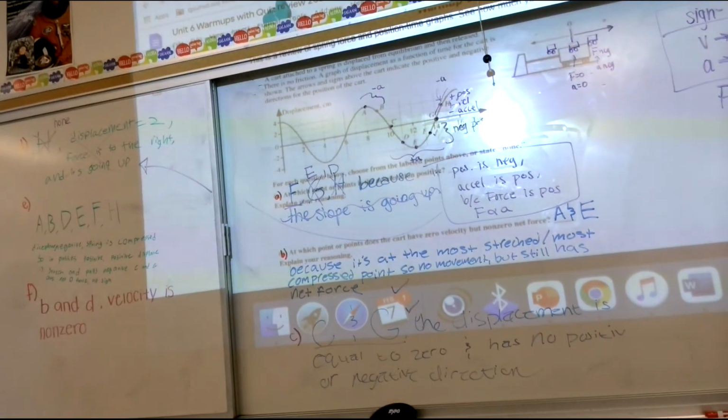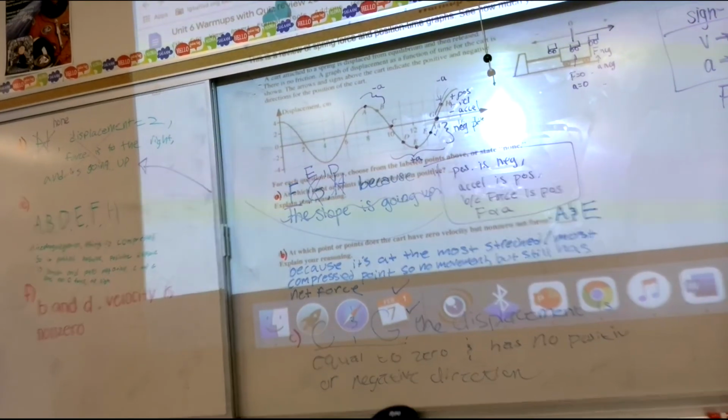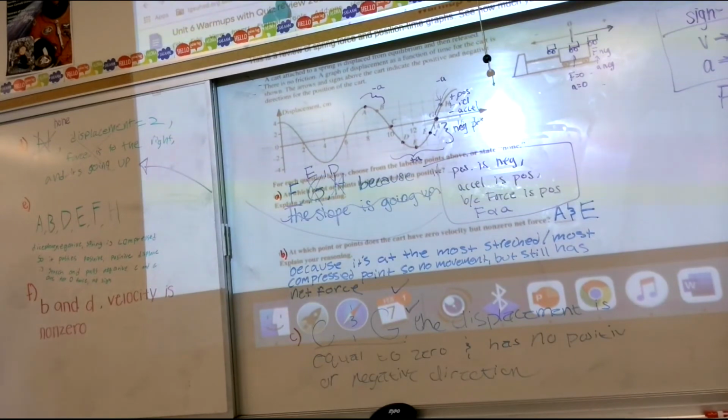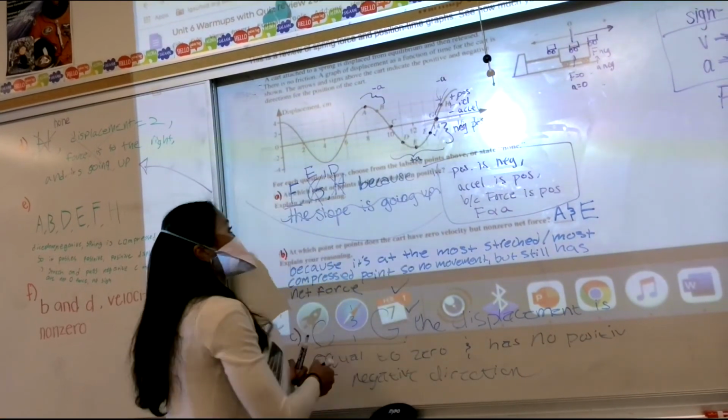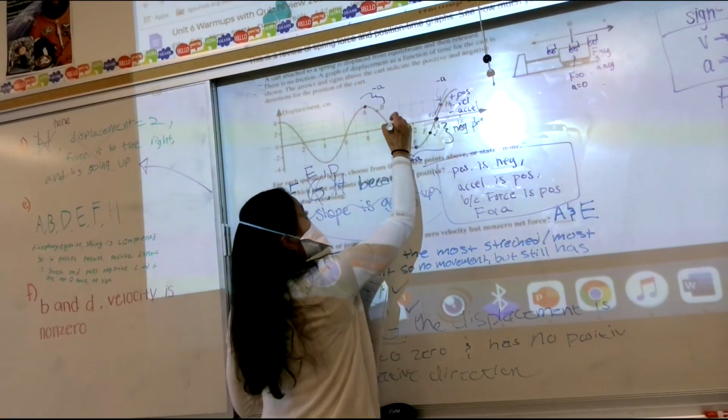Okay, part E, at which point or points is the acceleration non-zero and opposite the sign of the position? So this group said A, B, D, E, F, and H. The only points that didn't work are C and G, the equilibrium points. And this is correct.